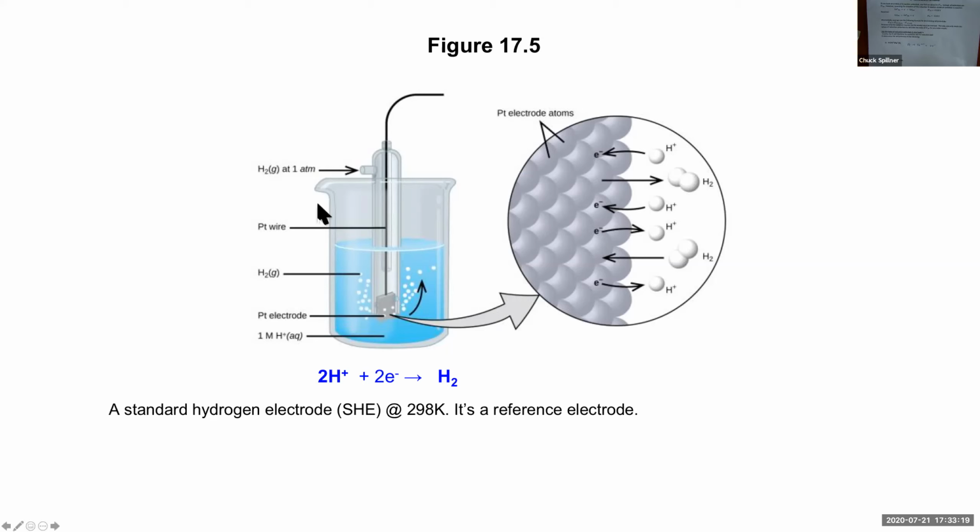That's what shows in this schematic of the standard hydrogen electrode. You can see that the H2 gas going into this electrode is at 1 atmosphere, the concentration of the acid H+ is 1 molar, and the temperature is 298 K.